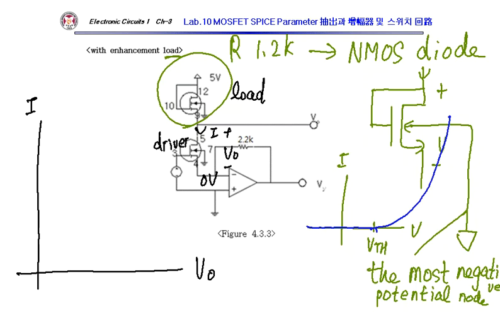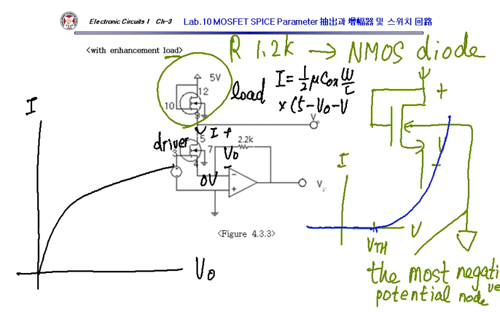Driver characteristic looks the same. How about this load? This current I should be half mu Cox W over L times gate source voltage, 5 volt minus VO minus VTH, squared, right? If this voltage is larger than threshold voltage, okay?